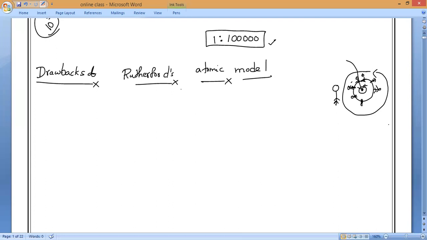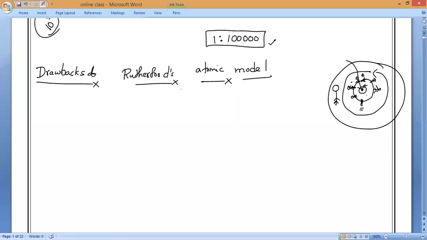Even though electrons are continuously revolving, they are not losing their energy, and atoms are stable. So Mr. Rutherford was unable to explain how the stability of the atom is maintained even though electrons continuously revolve around the nucleus.